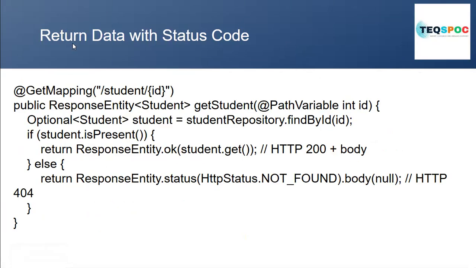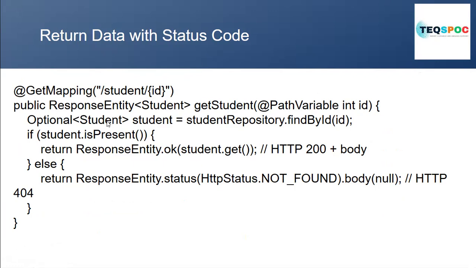So this is a simple example. We have a GetMapping method, and this is an API, student/id. Then public ResponseEntity, and inside the generic we have passed the Student entity class, which will work as an object for this method. We pass a path variable int id. We check with the help of the Optional class whether it is returning null or not.